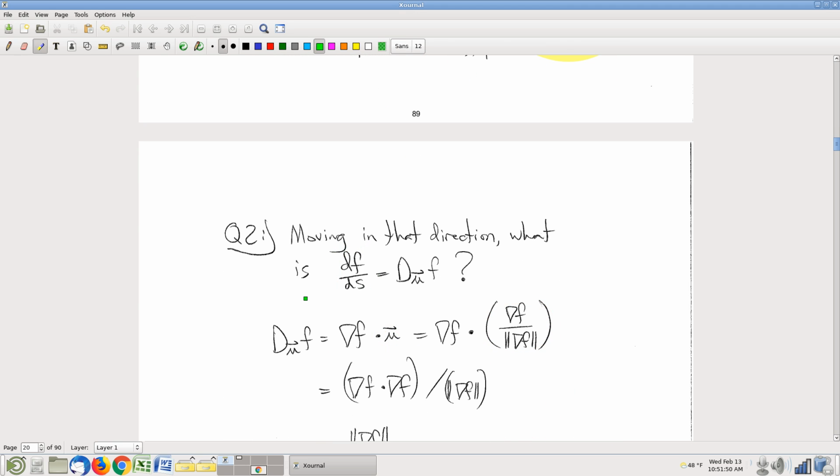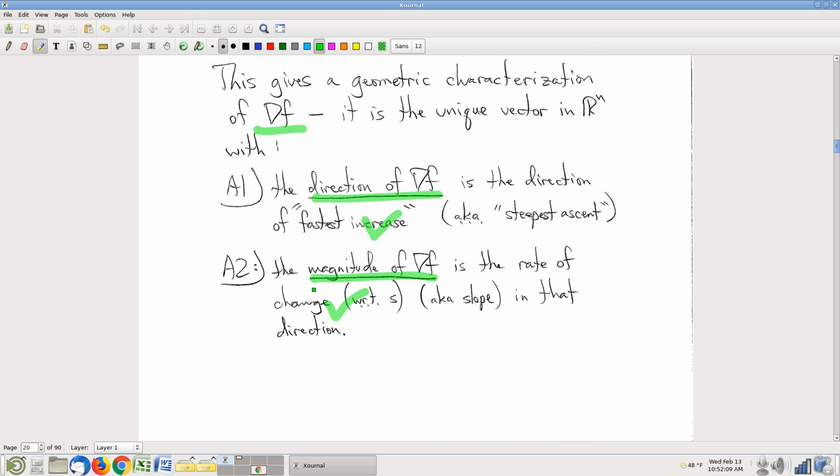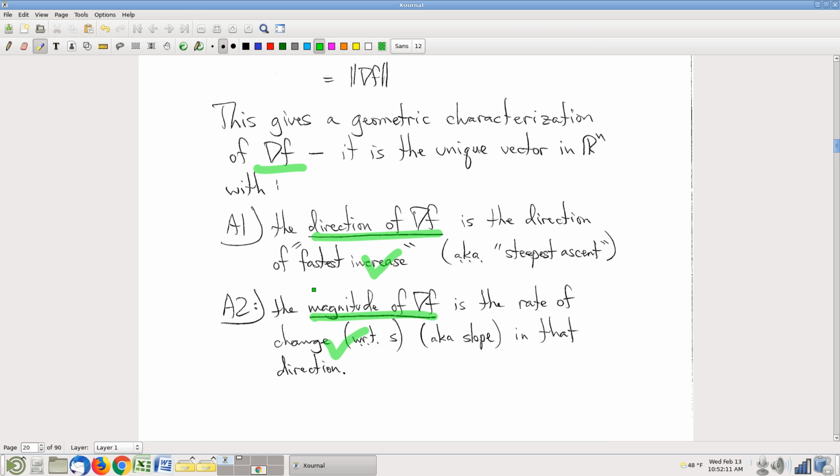Thinking of the function as representing height, keep in mind the directional derivative, aka df/ds, which we've interpreted a few pages back. That represents the slope of the graph. So keeping that point of view in mind, let's go back to this little summary we have of the gradient.